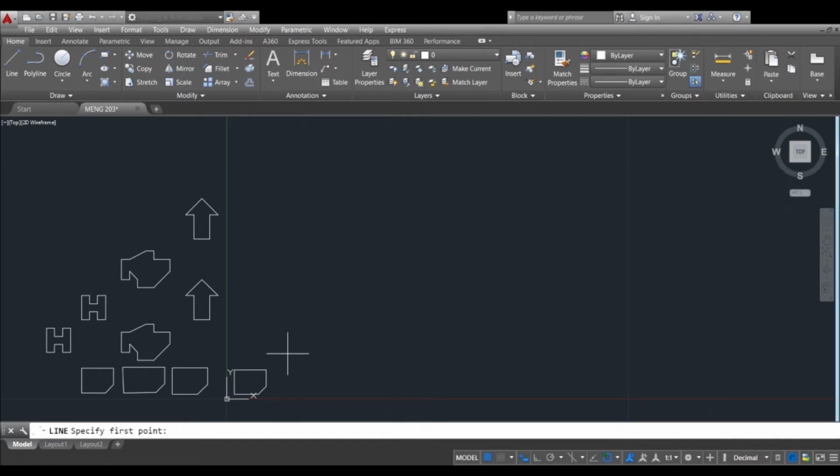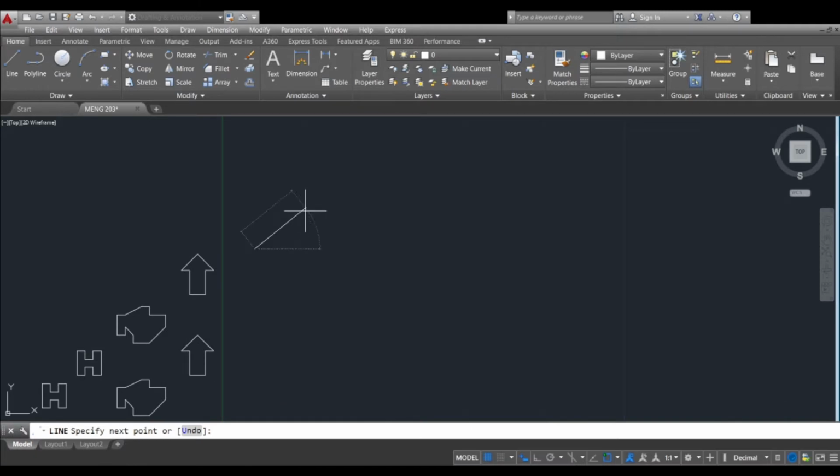Don't forget to do the line command, because it is the command that will make you draw a line. We can select the location of our first point anywhere, so I will just click it here.